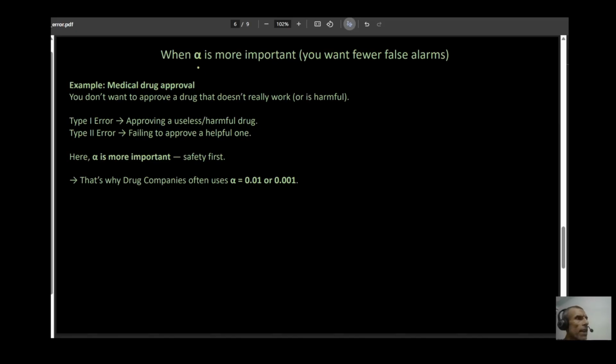Now, when is alpha more important? In other words, in what scenario would you be using alpha? You want fewer false alarms. An example would be medical drug approval. You do not want to approve a drug that does not really work or is harmful. So, in this case, you have type 1 error and type 2 error. Type 1 error would mean approving a useless or a harmful drug.